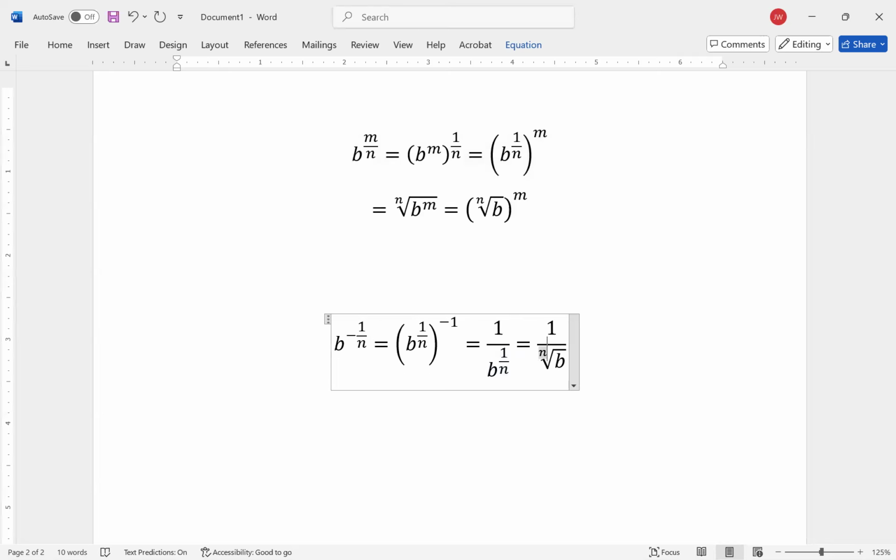So things like square roots and cube roots and fifth roots are all just like raising an exponent to a fractional power. 1 over 2, 1 over 3, 1 over 5. And we can extend that to the 2 over 3 power. And we can extend that to the 7 over 5 power. And so on and so forth using these tricks or these rules.